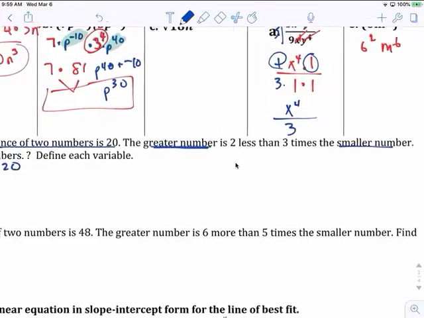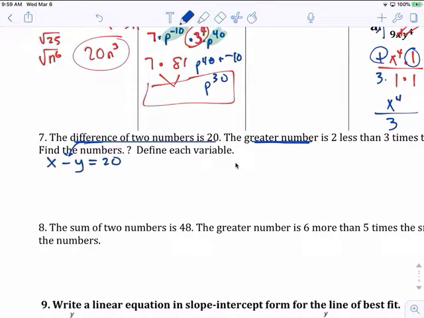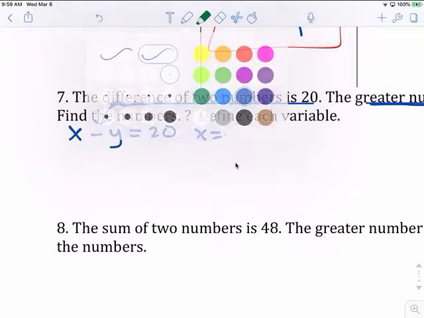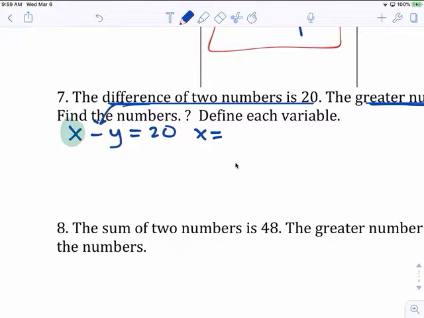Okay, so we have the greater number and the smaller number. So here x has to be the greater number. x is the first number, is the greater number. Y then is the smaller number.